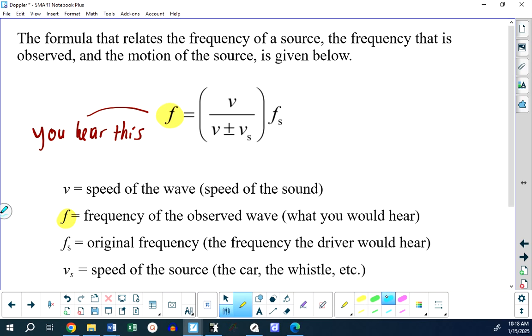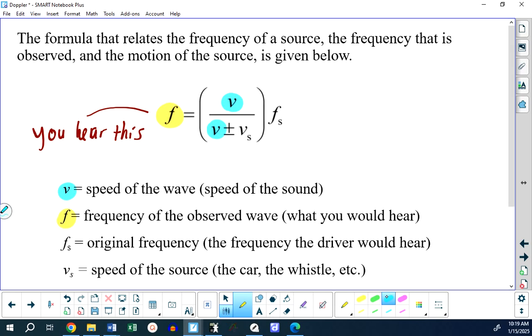So V appears in a couple places here. And then the other two, F sub S and V sub S, are the source. So when we say the frequency of the source, we mean the frequency of the sound. We mean that if you stood right beside that sound source and measured the frequency with an app on a phone, that's the frequency of the source. And V sub S is the speed that the source is moving at.